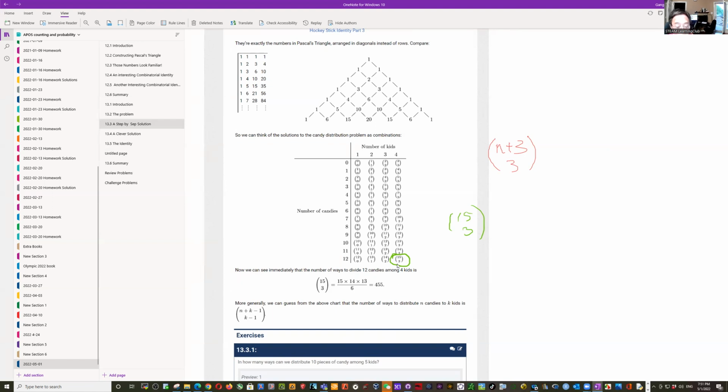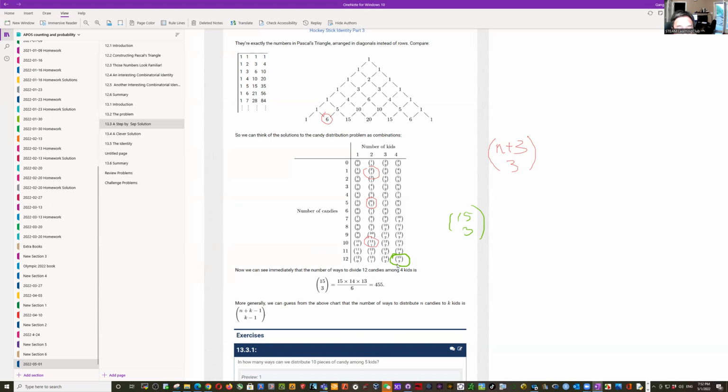Like this layer, for example, 10 candy will be 11. I think this is not big enough, let me just use a smaller one. So let's say 5 candy is 6, 1. 6, 1 is here.